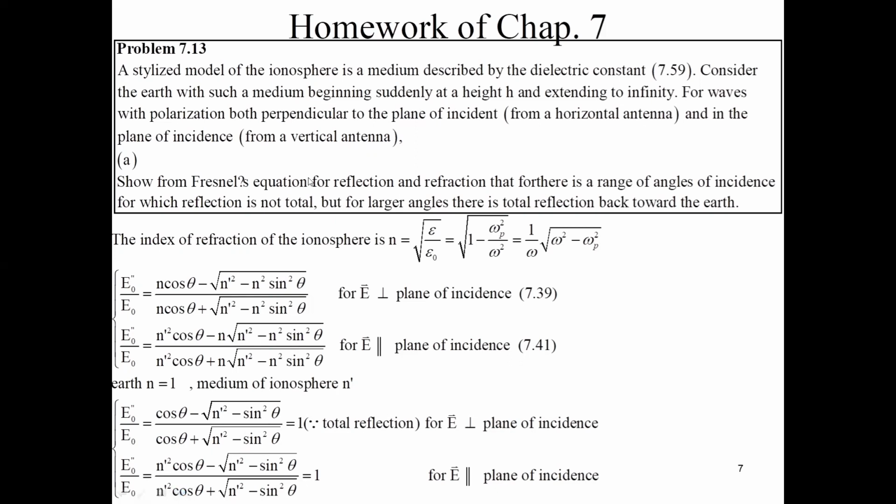Here we want to calculate the angle of total reflection, which means the perpendicular part and the parallel part will both have a reflection coefficient equal to 1.